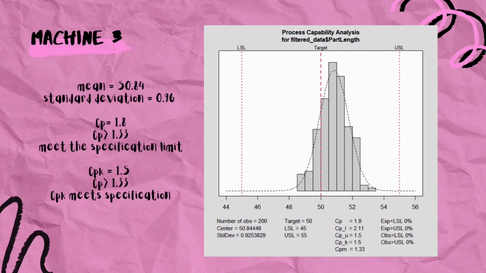Lastly, for machine 3, the graph I obtained is positively skewed and also meets the specification limit, which is 1.8 and 1.5 respectively. The values of CP and CPK for this machine are lower than machine 2.